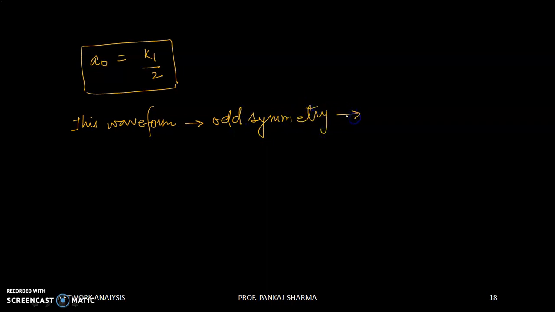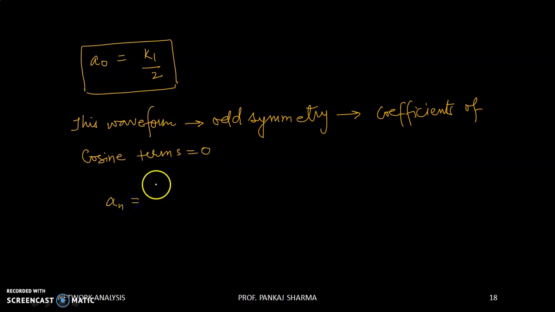That means what? The coefficients of cosine terms equal to 0. That means what?